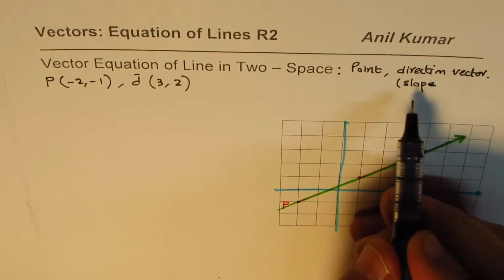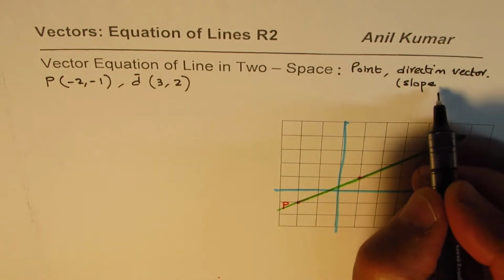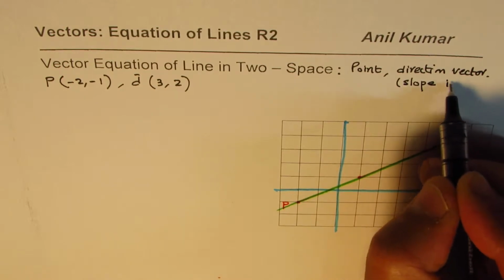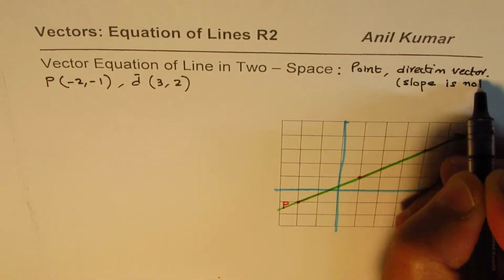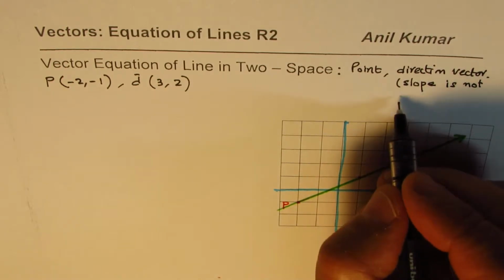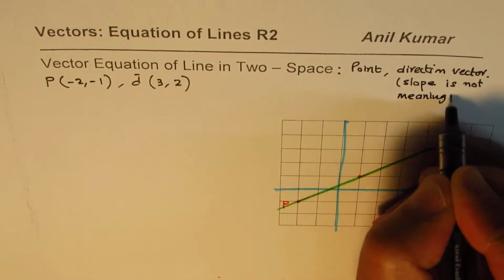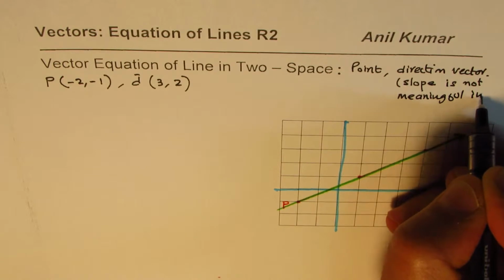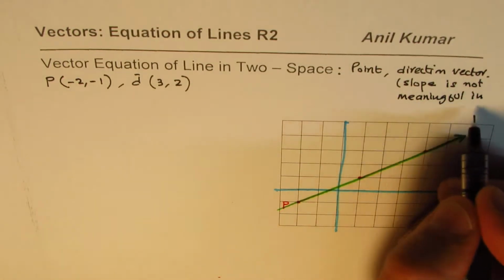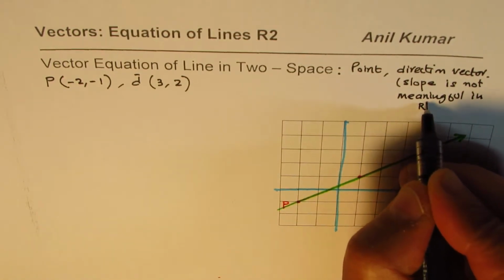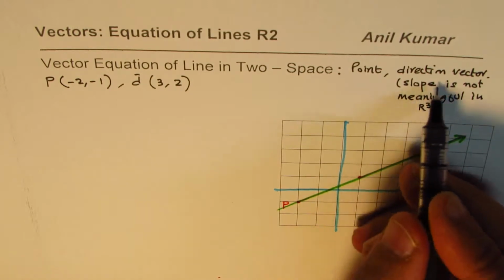Now, I'll avoid slope since slope is not meaningful in 3 space or R3, because slope is rise over run.